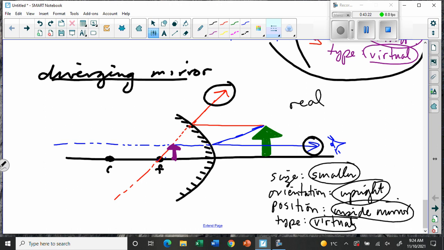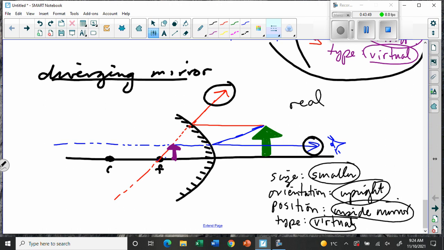And really, this is the only option for diverging mirrors. This is the only picture we need to draw, because no matter where we put that arrow, that green object, it's going to result in a similar kind of picture. But this one's tricky to draw, because you have to do a lot of extending of the lines. Okay? You have to be able to extend the lines, and you have to know which lines to extend.